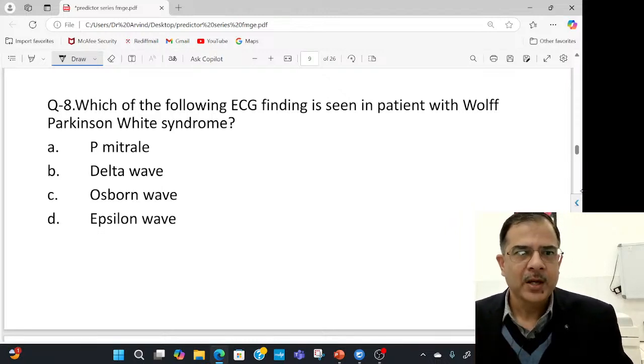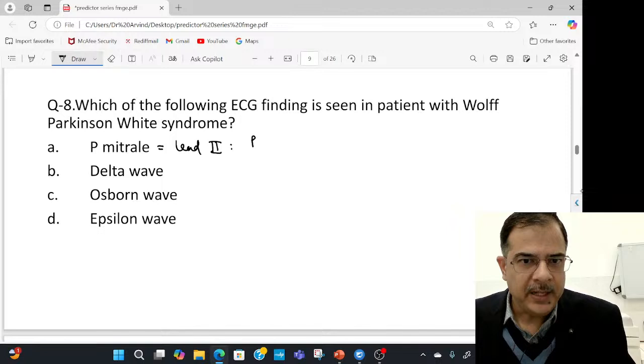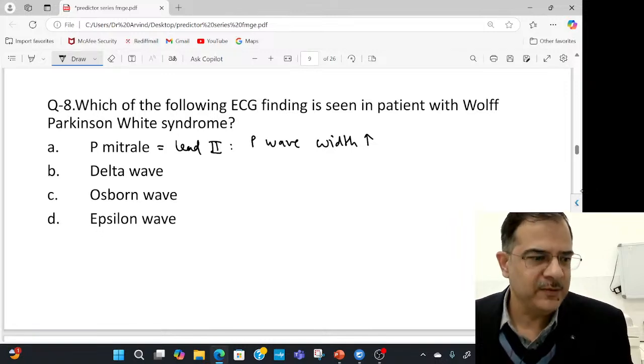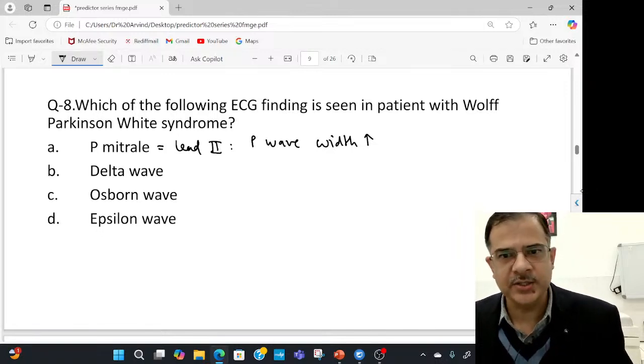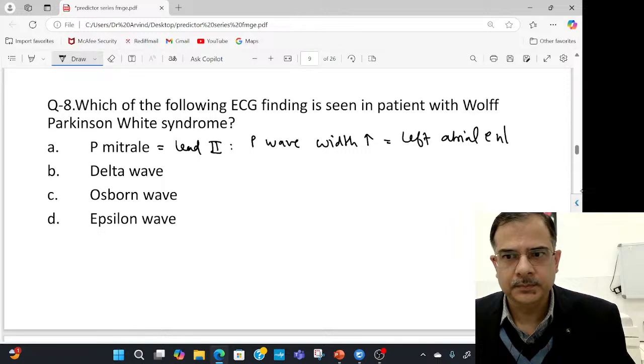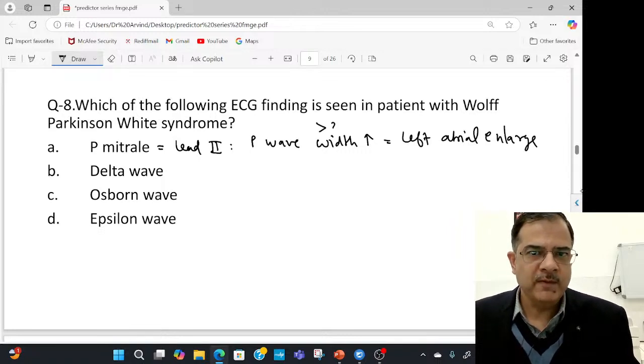P mitral means in lead 2, the P wave width will be increased. So what does that suggest? That will suggest left atrial enlargement. The width will be more than 2.5 mm.